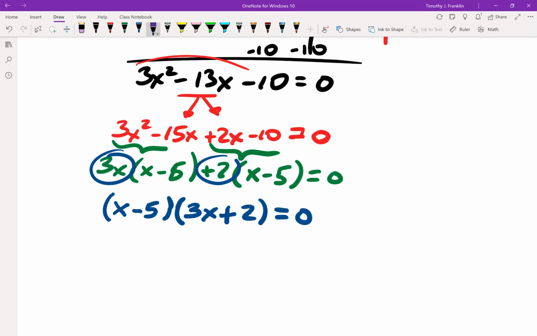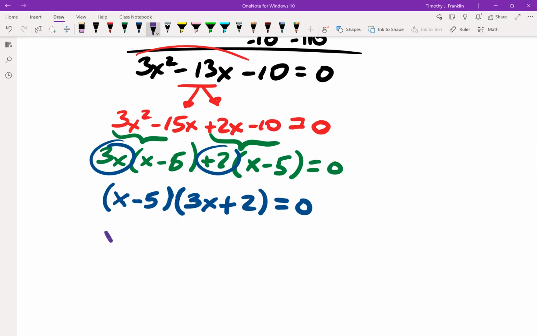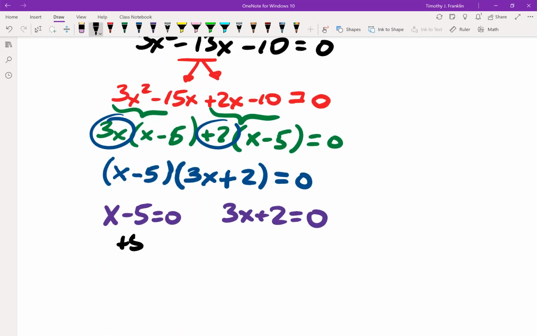Okay, so now we can solve by setting these factors equal to 0. So x minus 5 equals 0, and 3x plus 2 equals 0. We'll solve this one by just adding 5. So the solution is 5.